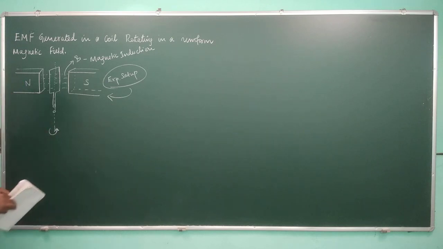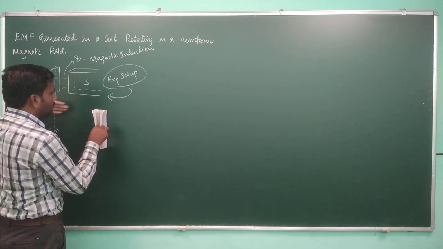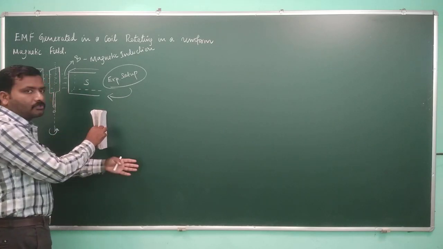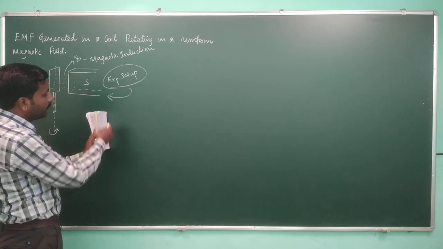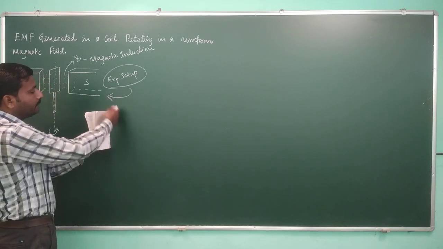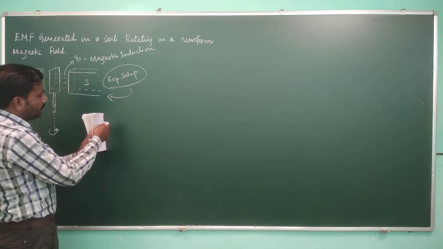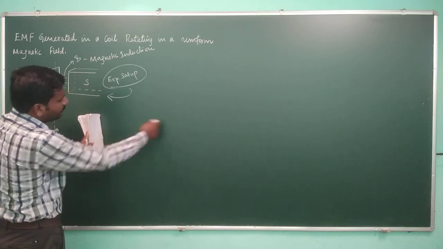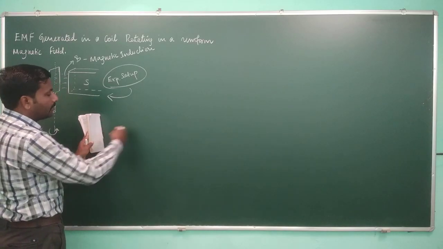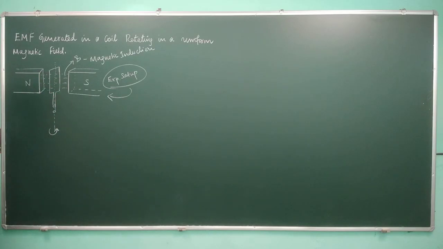Now in that case, if this is placed like this and this is the direction the magnetic field lines traverse, and you draw a perpendicular to the plane of the conducting coil, that normal will be parallel with the direction of the magnetic induction.